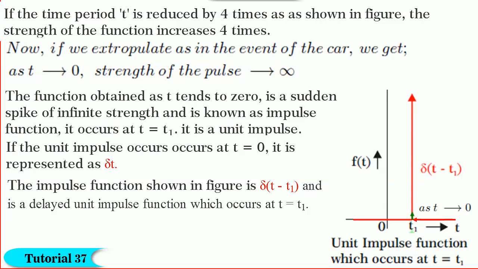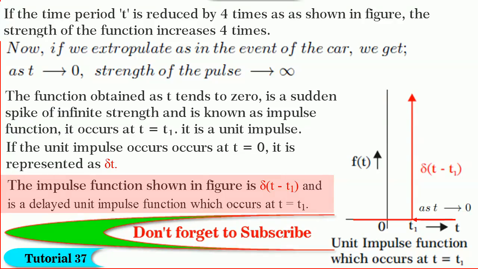Now, this function shown in figure occurs at t is equal to t1, so it is represented as delta t minus t1. Hence, it can be called a delayed unit impulse function which occurs at t is equal to t1 seconds. Hope you have understood it.